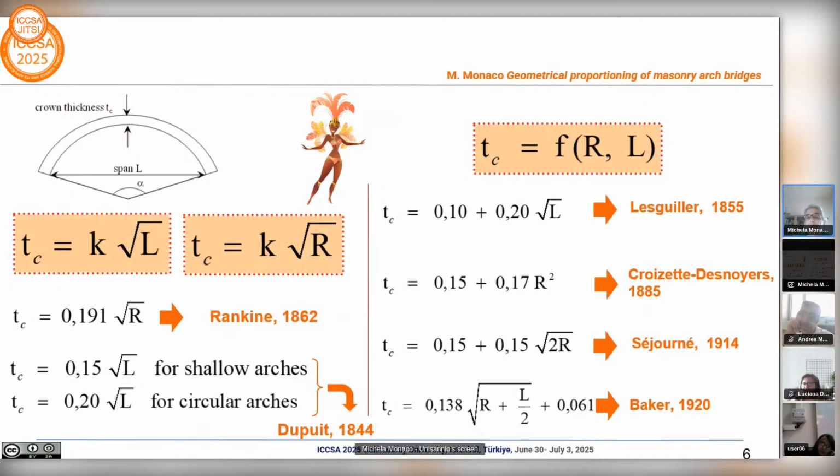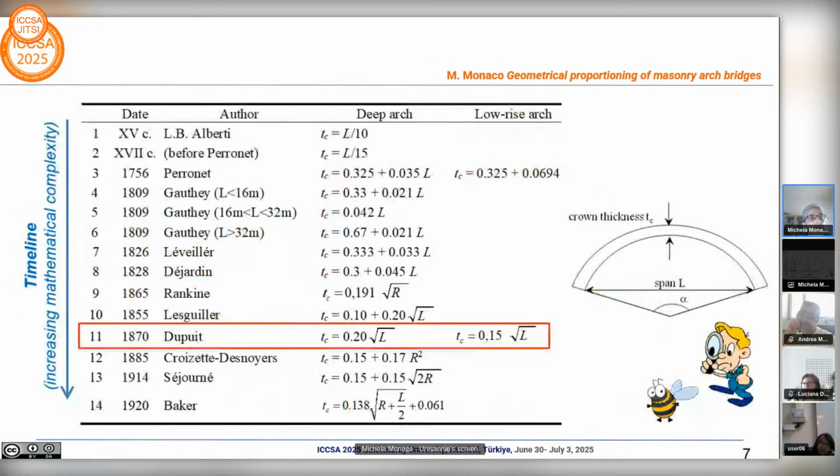And as time passes by, we can see that the complexity of the relation increases, according to the scientific development.